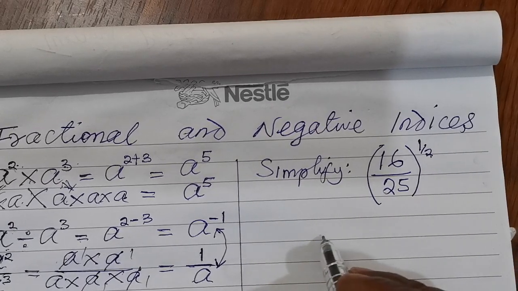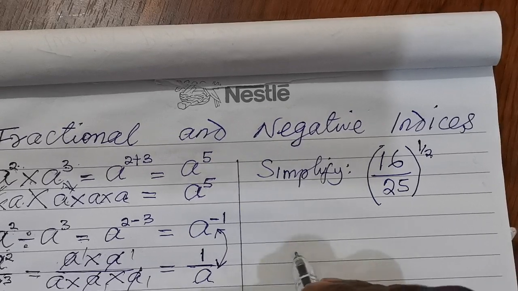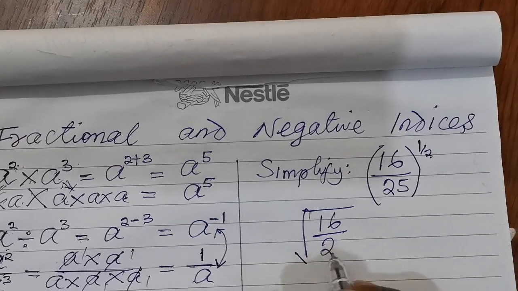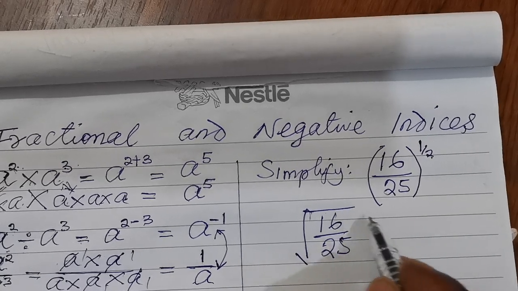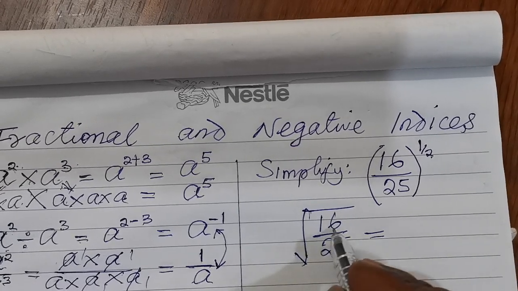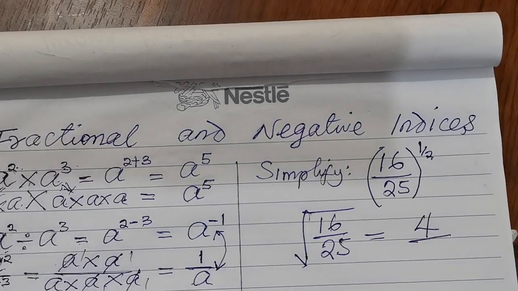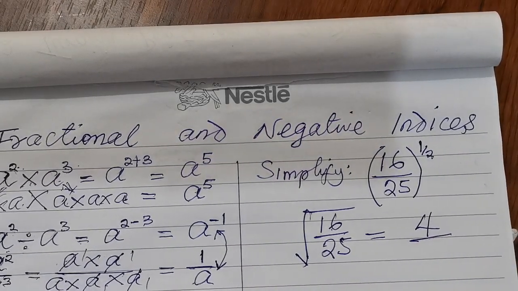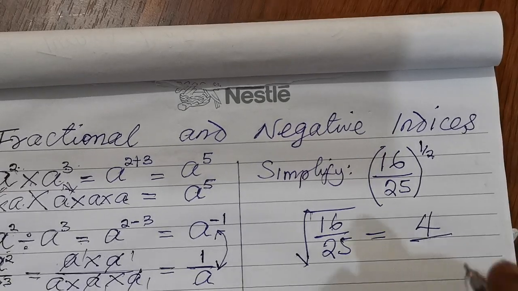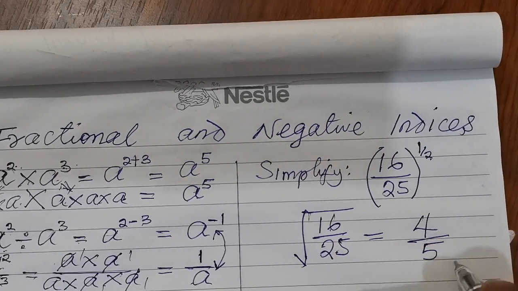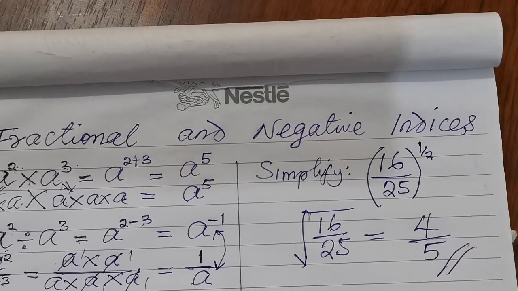That means this will give us the square root of 16 over 25. The square root of 16 is 4, and the square root of 25 is 5. So this gives us the answer.